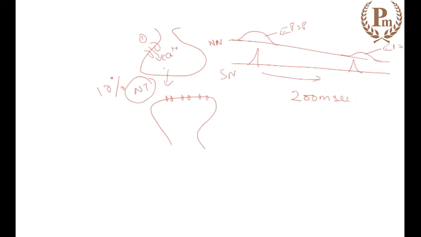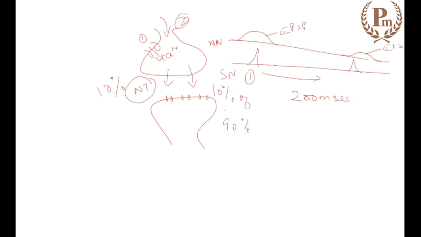Once this 10% was released after the first impulse, we gave some time, but not a very long time. After some time, a second impulse came to the presynaptic end. And what did it do? It has now released 10 percent of the remaining 90%.